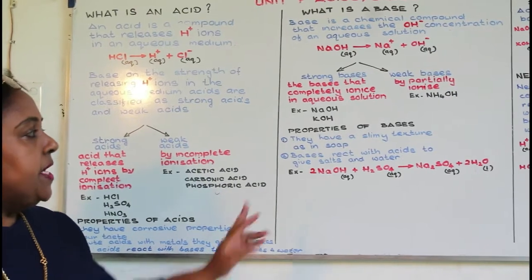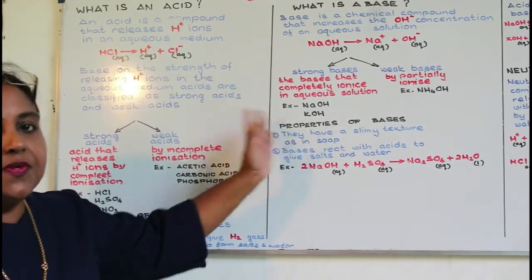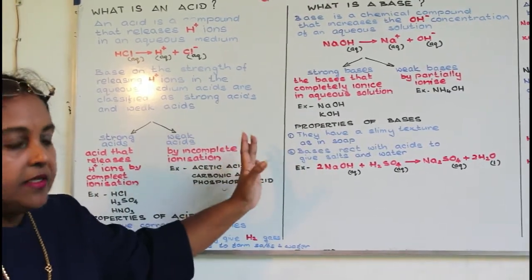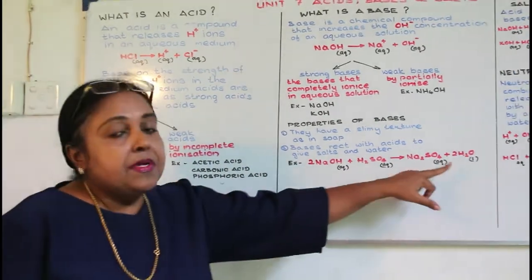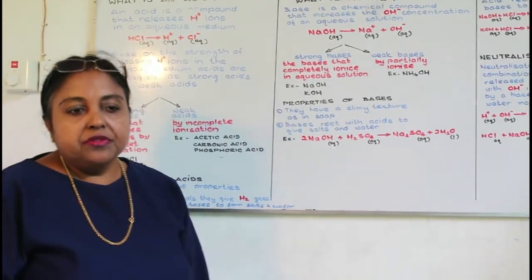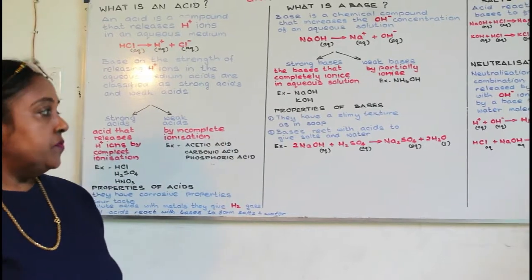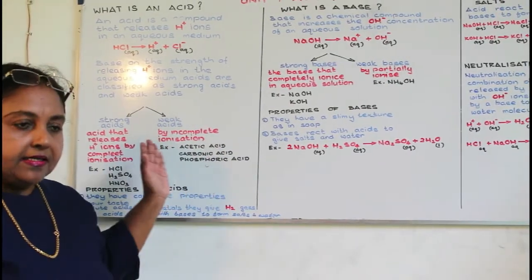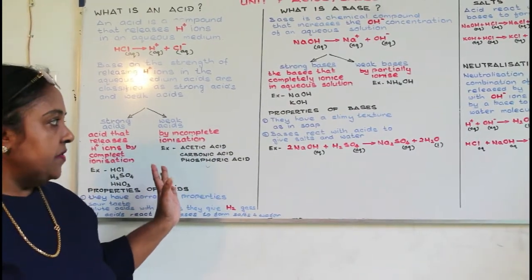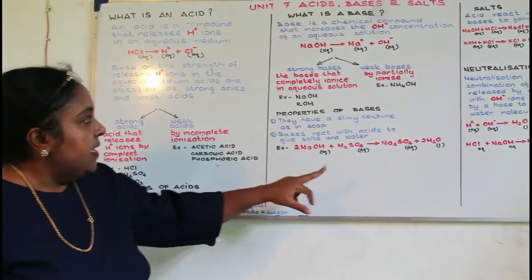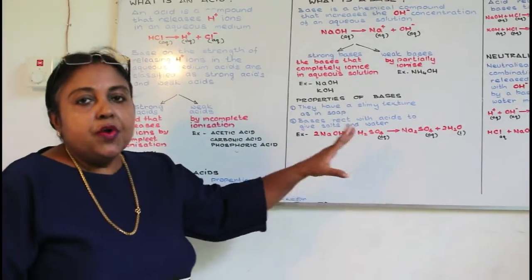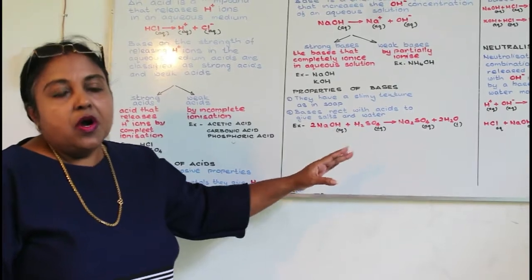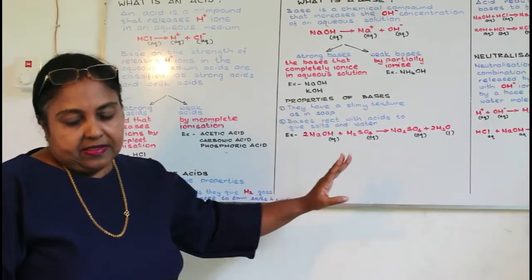Then it's very important: when acids react with bases, they form salt plus water. A very important equation; you have to study that. Then there are several acids given in your textbook, and several bases. You have to study the uses of all these acids and bases.